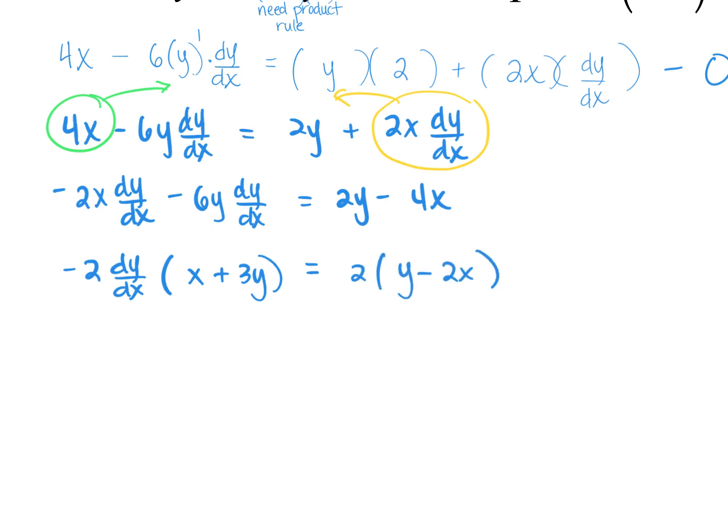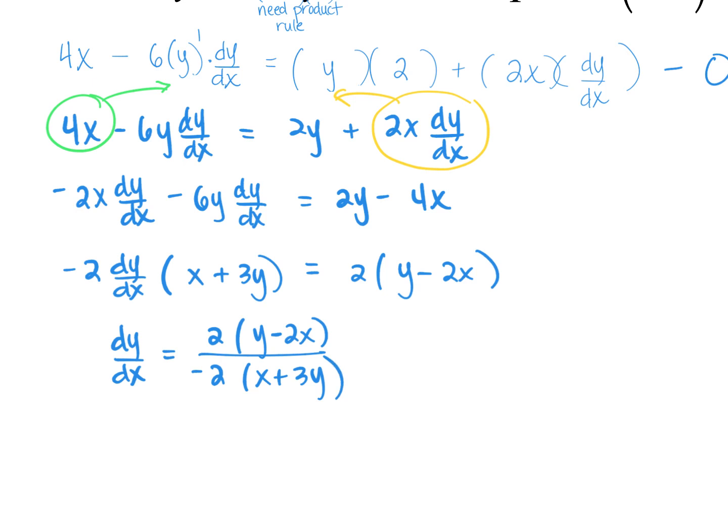Great. And then we just want to get dy dx by itself, doing a quick division. The numerator will be 2y minus 2x, and the denominator will be negative 2x plus 3y, which allows me to reduce my 2's.